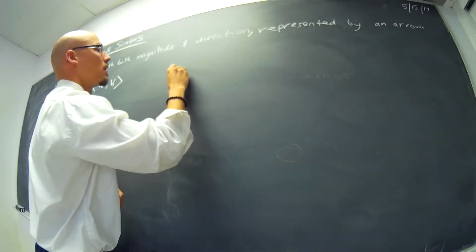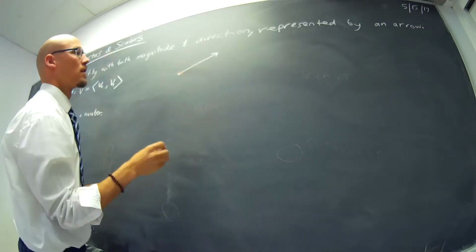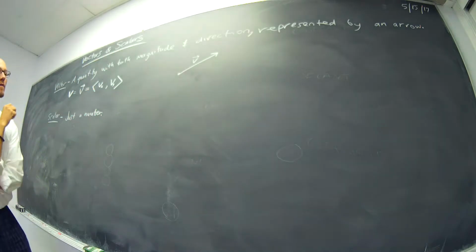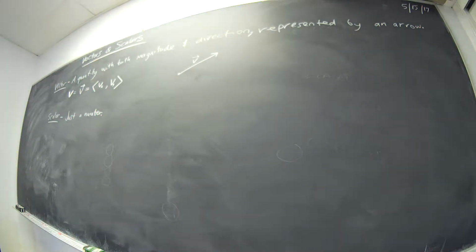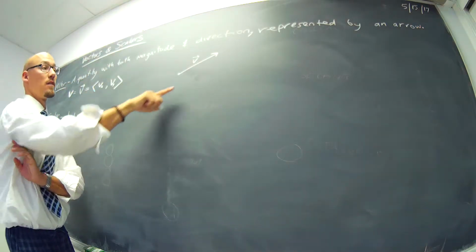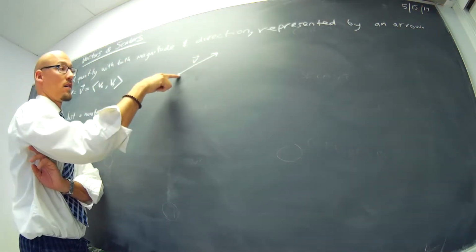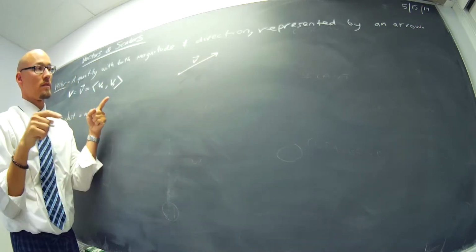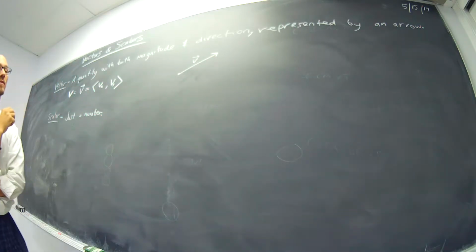So a vector will look like this. Here's the little arrow over. Oh, in one direction. Good question. Yeah. As a tip and a tail. It's headed in one specific direction.